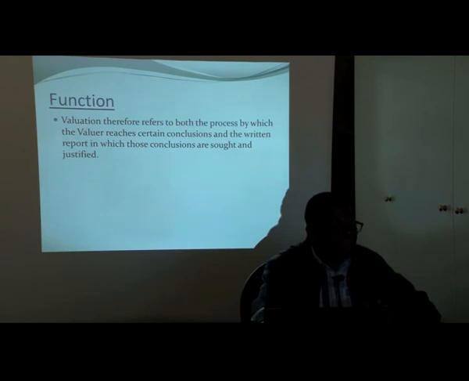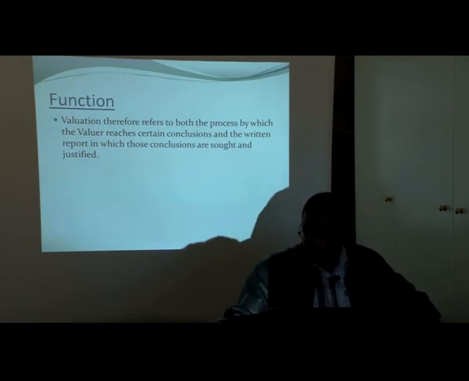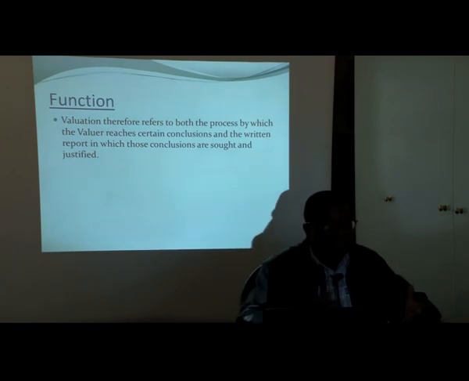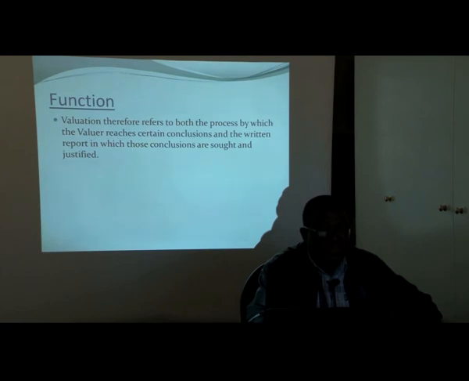So after you've done all your valuation, the next most important document you need to prepare is the valuation report. That's where you have to communicate your findings and your analysis to your client. There are so many different ways of writing valuation reports, like we were discussing before class.